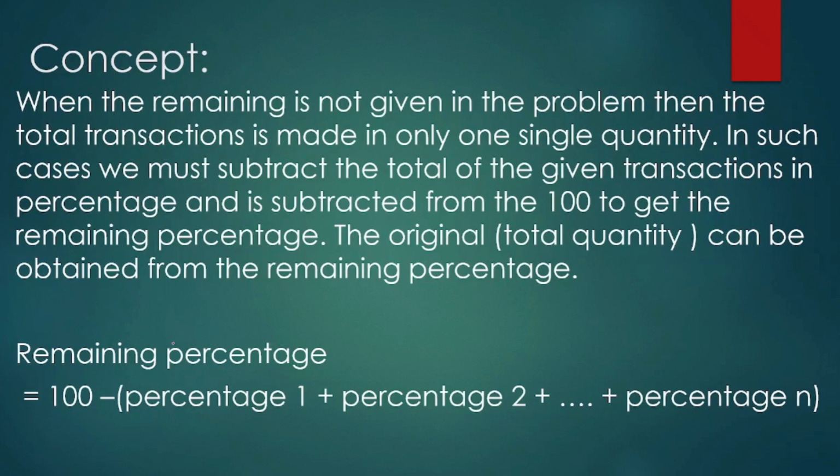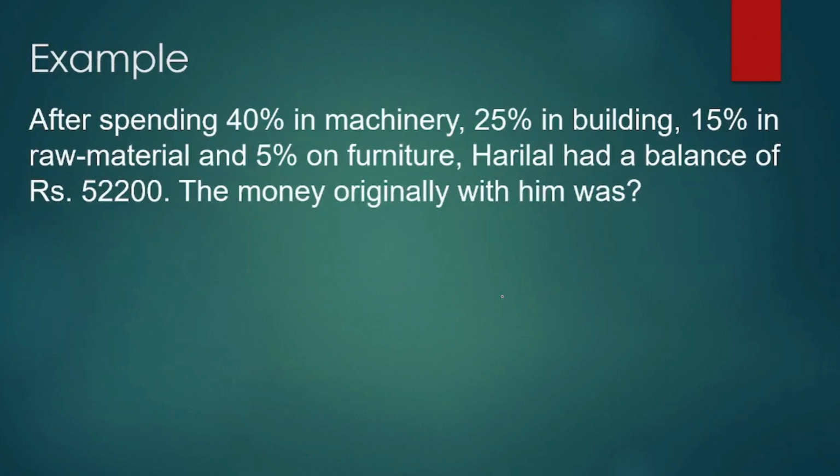So the remaining percentage here is 100 minus percentage depending on 1, percentage depending on 2, and percentage depending on n should be added. The remaining percentage is used to calculate the original value. Now we see one more example for this concept.